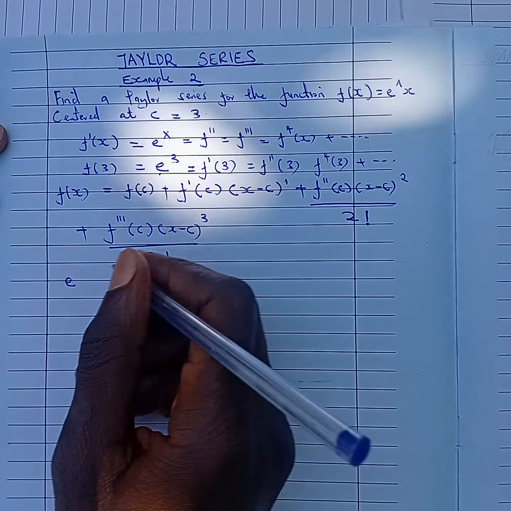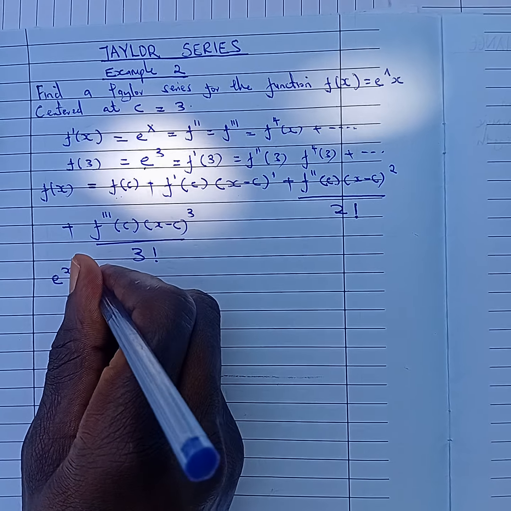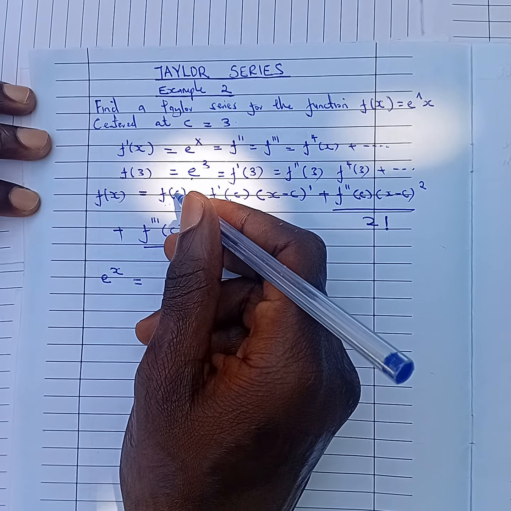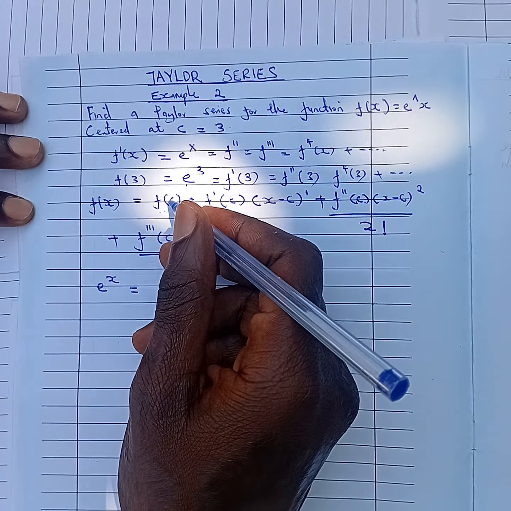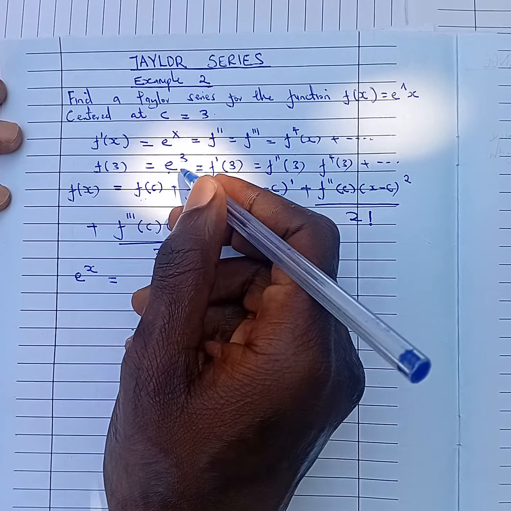We are told f of x is e raised to the power x, so e raised to the power x will be equal to f of c. Remember, c is 3, and f of 3 was e raised to the power 3.